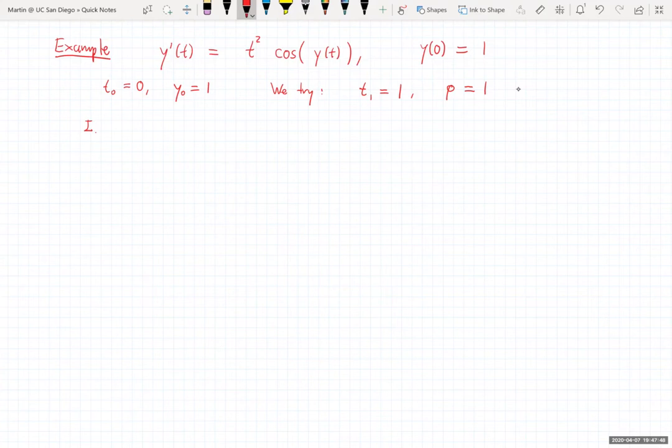So first, what is the function f here? f of t, y is equal to t squared times cosine of y.